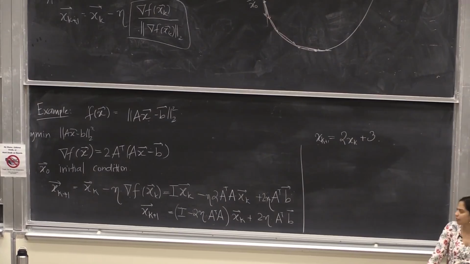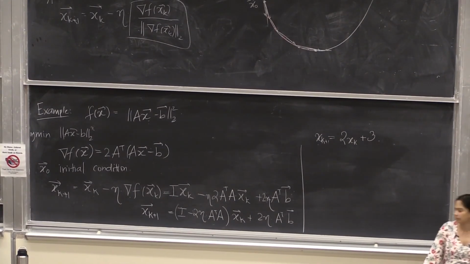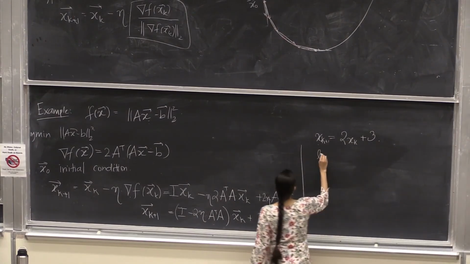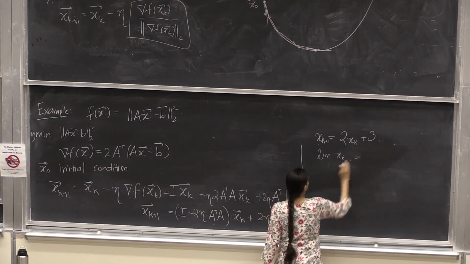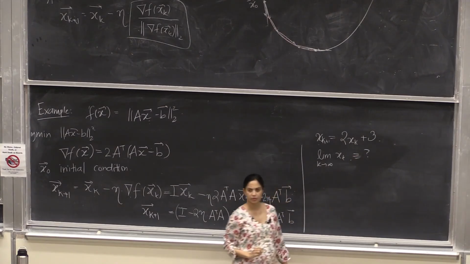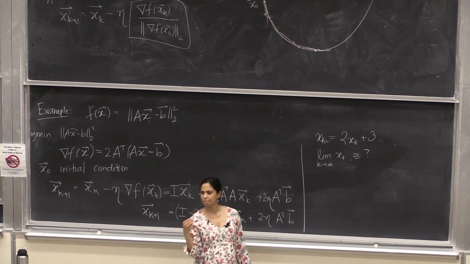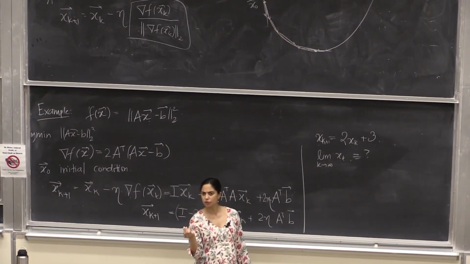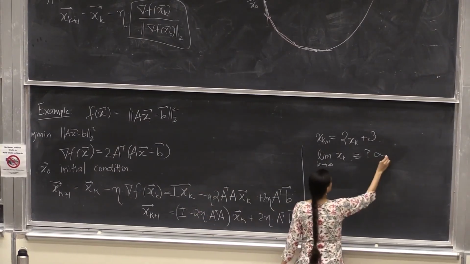What is the limit of xk as k goes to infinity? What is this? What's going to happen to my xk every single time? It's doubling, right, approximately? So as k goes to infinity, what do I get? Very good.